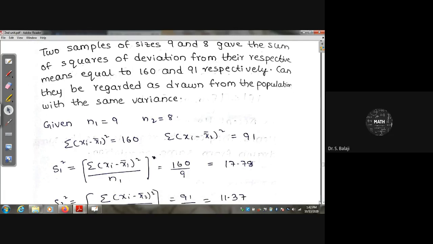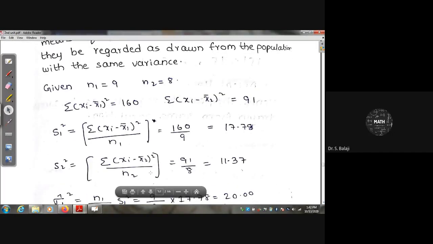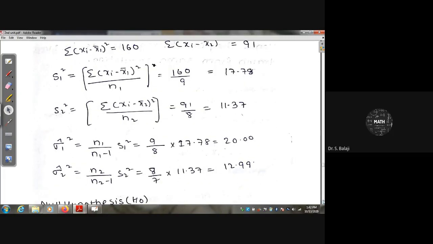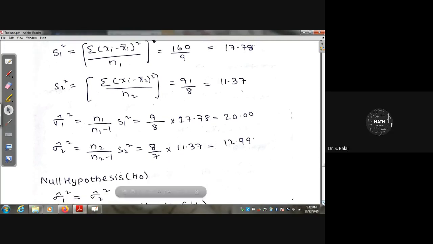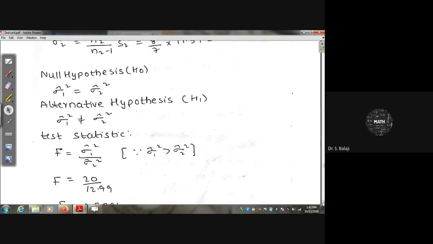Here, for the variance of the sample, the sum of squares of deviation from the respective mean is given. So you have to calculate S1 square and S2 square, dividing by N1 and N2 by the definition. Then you can get S1 square, S2 square, and sigma 1 cap square, sigma 2 cap square. Take the greater one, sigma 1 cap square greater than sigma 2, in the numerator.